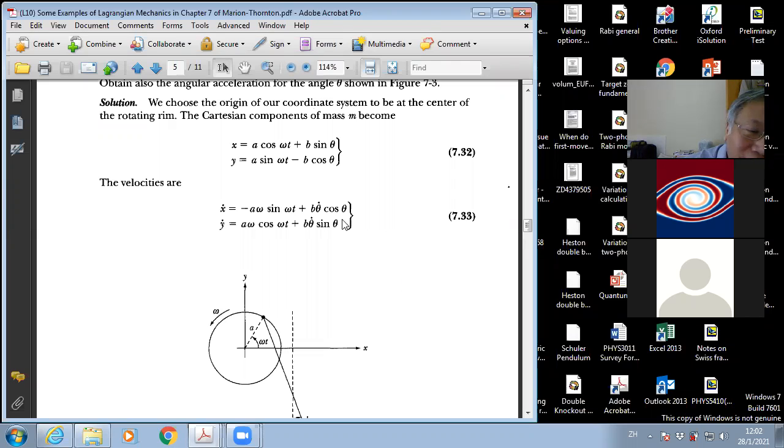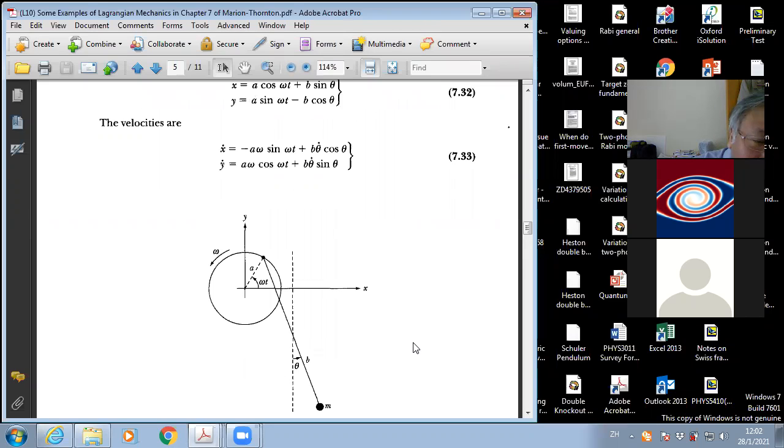Okay, so step number one, we write down the coordinates in terms of some fundamental independent variables. We write down x equal to a cosine omega t plus b sine theta, all right? The x component of this mass m. Y component, y coordinate is equal to a sine omega t minus b cosine theta, all right?